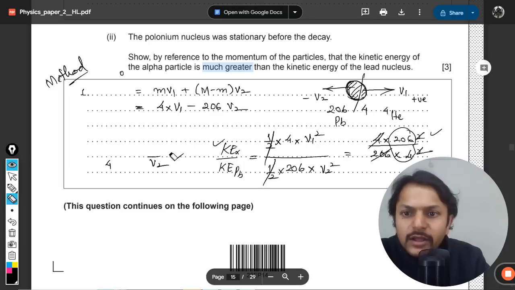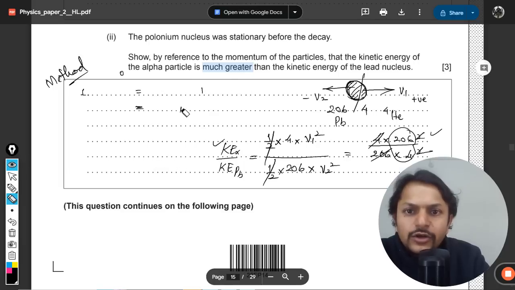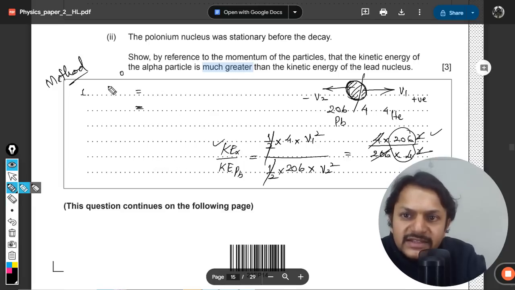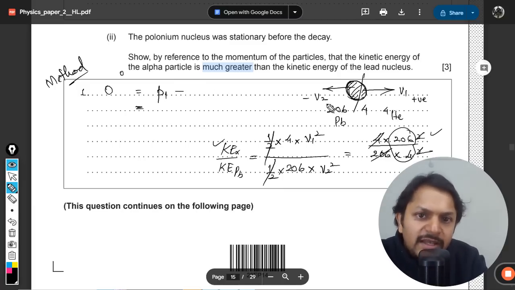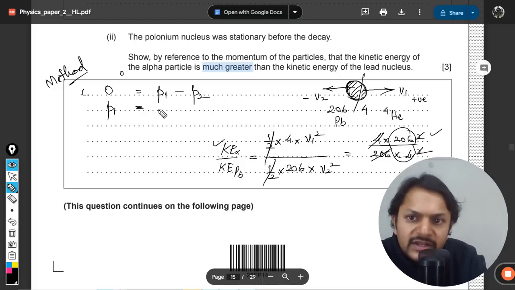So we can just say, instead of substituting these values, that the initial momentum is 0. The final momentum is, for the alpha it is p1, and for the lead it is p2, and that is taken as negative. Clearly p1 is equal to p2, and so the ratio of p1 by p2 is 1.